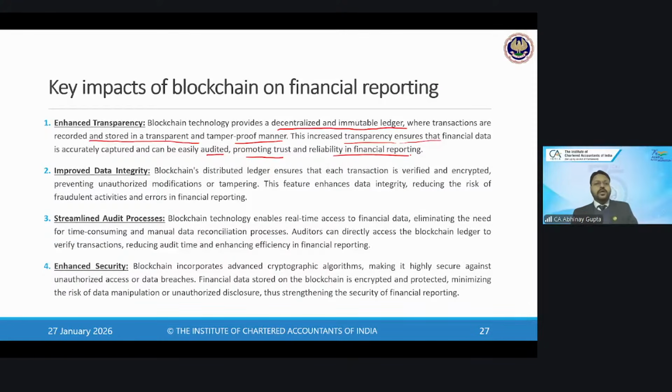So auditors who earlier wanted to have the data from the client would place a request to the client to share the data, then the client would take that data from their ERP and share it with the auditors. Right, so in this process the client could have manually changed the data in the reports or the files they were sharing with the auditors.